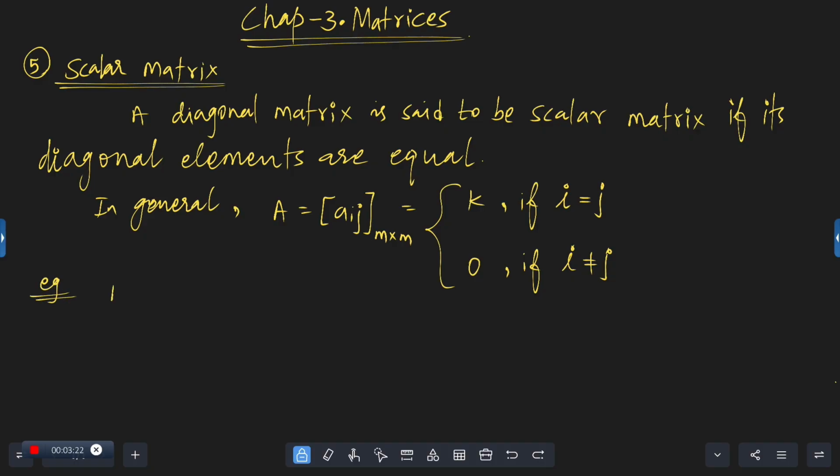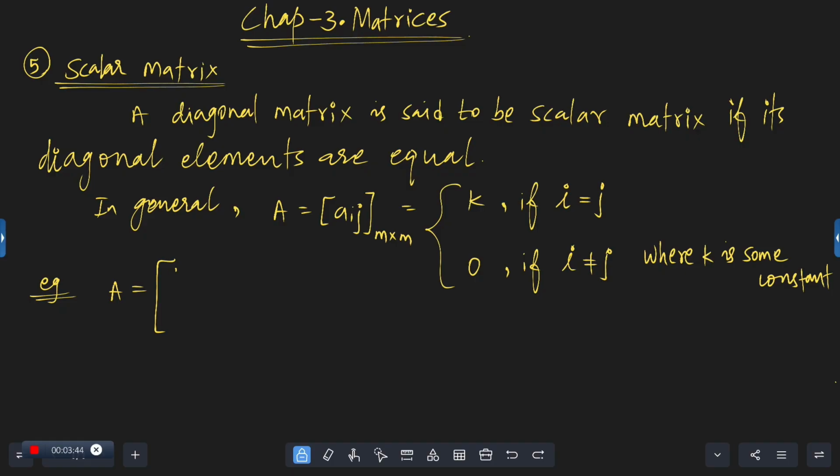Example, suppose A equal to k, a constant, and constant means the same number, where k is some constant. Constant can be anything.